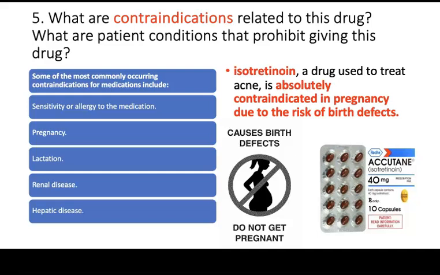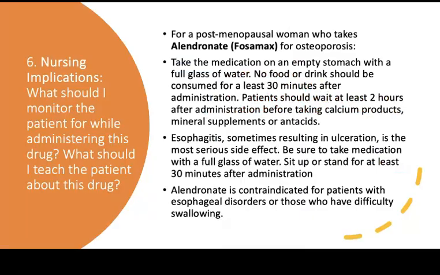So there has to be significant birth control, one or two types of birth control. We do know that people who are on Accutane have to go in and have their blood checked on a regular basis, and urine checked to make sure that they are not pregnant. So this is a good example of a contraindication for those medications.